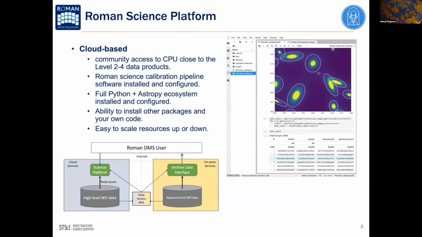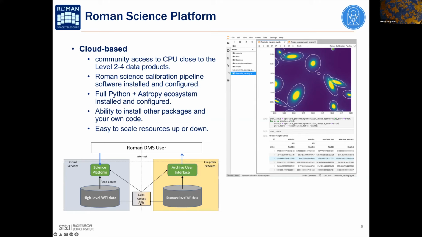I mentioned there will be access to a sort of community platform. We're calling it the Roman Science Platform. It's cloud-based. It will be CPU close to the data on Amazon Web Services. The level 2 to level 4 products will be there, although the interface essentially will be transparent.